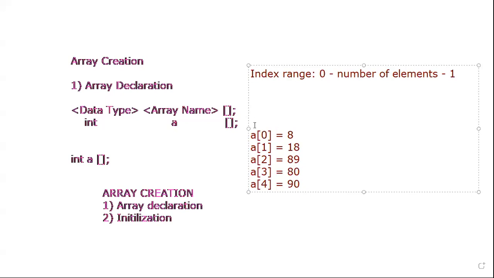Now we are having an array called A, and in this array we are having 5 elements in total: 1, 2, 3, 4, 5.